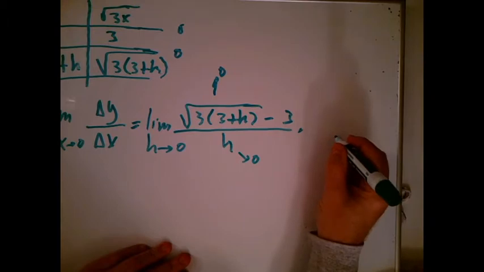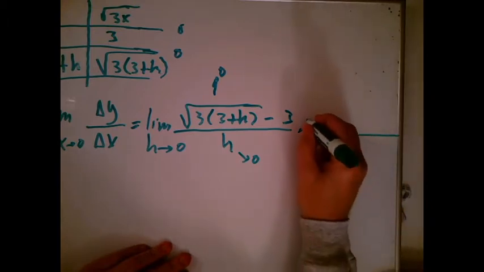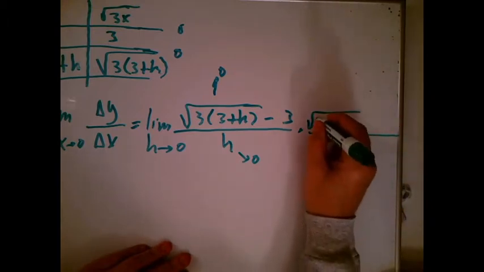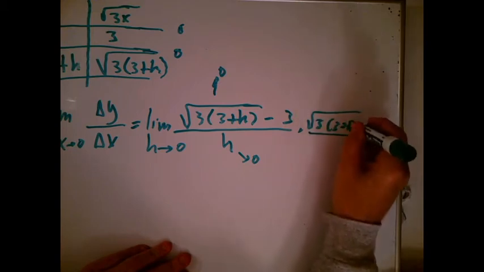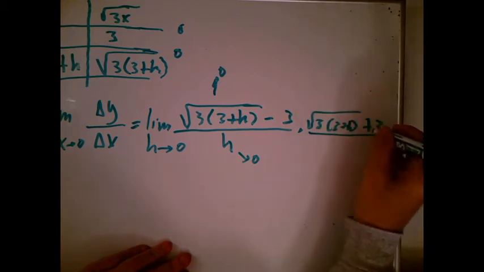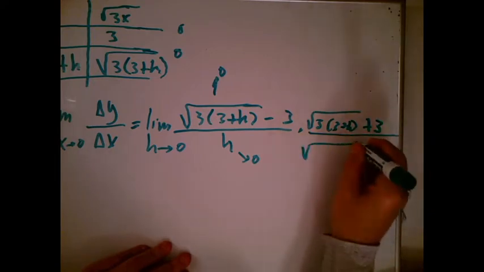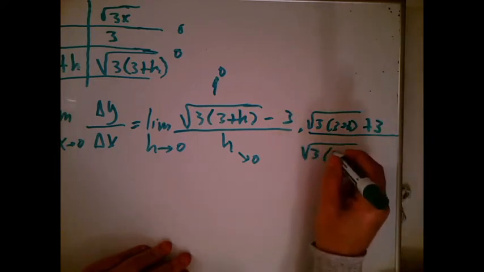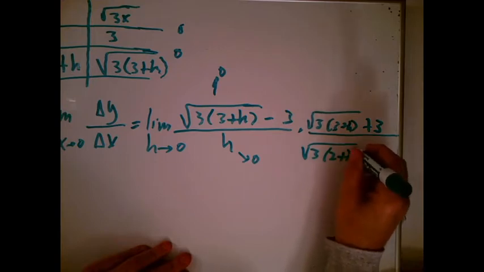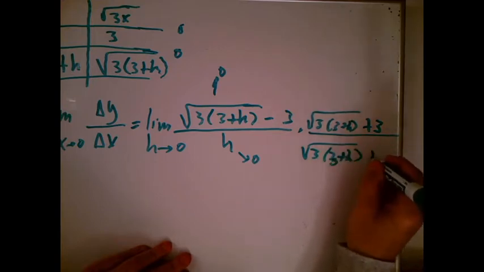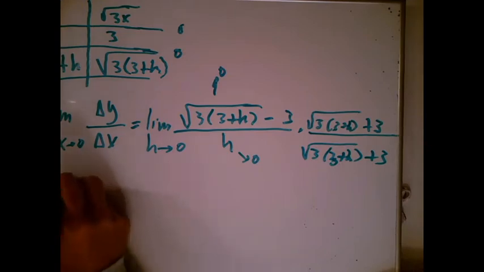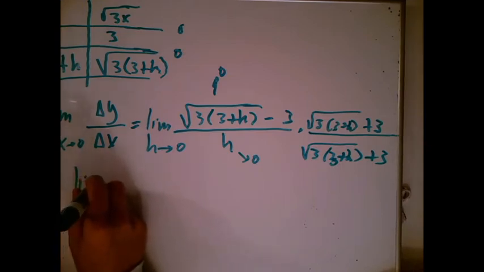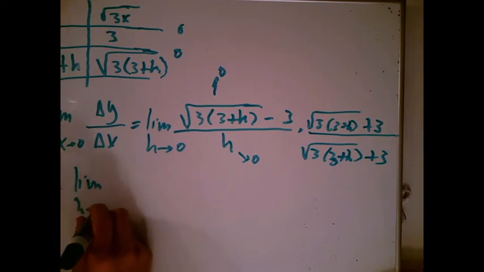So I put times, and I'm going to put the square root of 3 times 3 plus h, and this is going to be plus 3, and the bottom is the same thing. I get 3 times 3 plus h plus 3 like that. I haven't evaluated the limit yet, so I have to put LIM, h arrow 0.